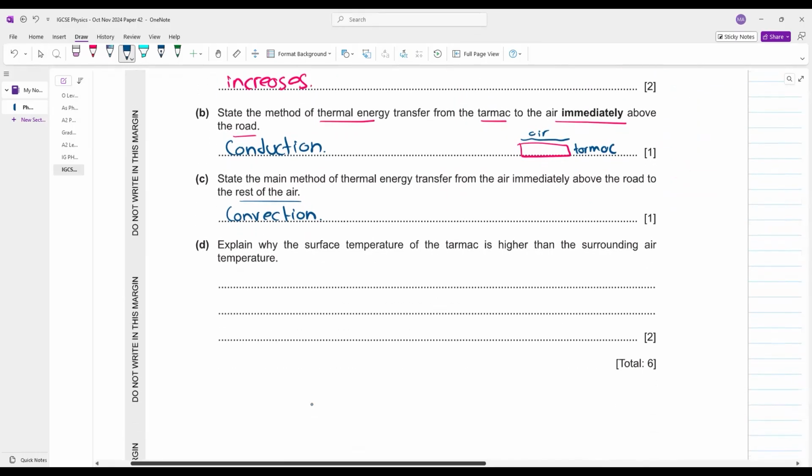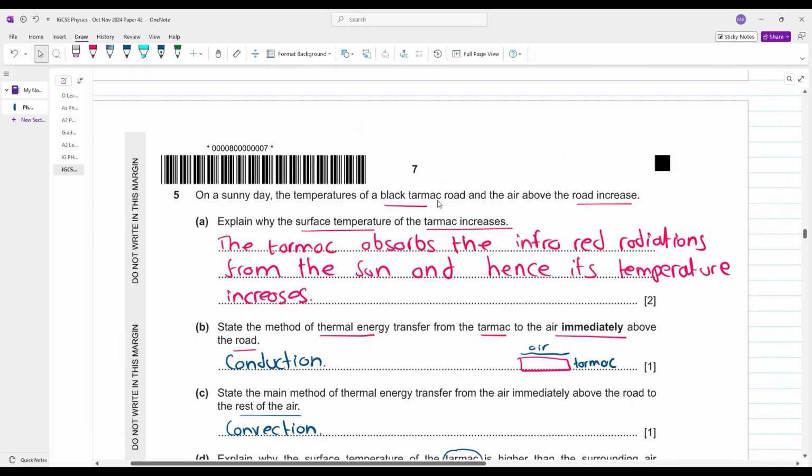Explain why the surface temperature of the tarmac is higher than the surrounding air temperature. You have to tell why the surface temperature of black tarmac is much higher compared to the surrounding air. Black tarmac is a good absorber of heat and a poor emitter of heat.